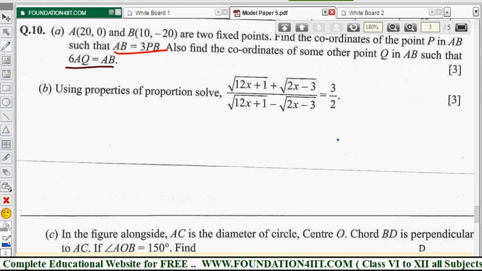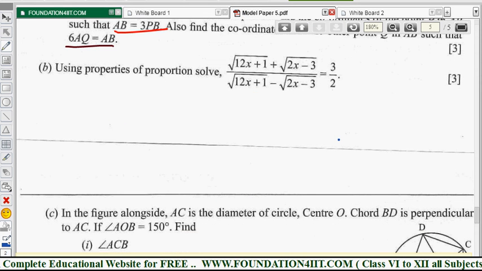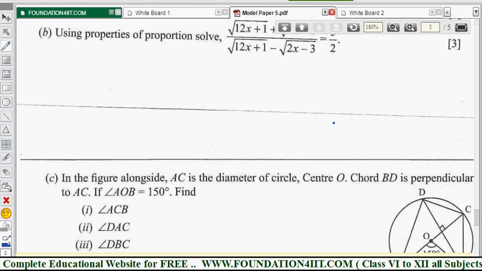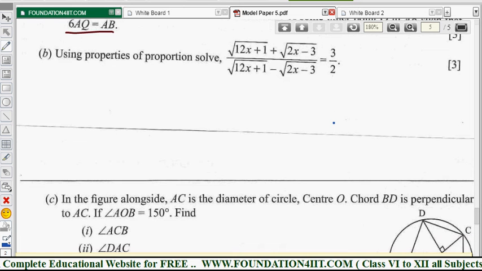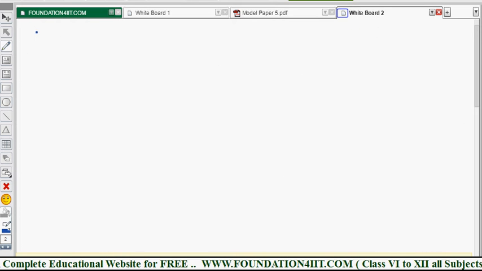Now let us see the next one. Using the properties of proportion, we need to solve this. You should take the LHS and find out the RHS, so you need to apply the componendo and dividendo rule for cancellations. Let me solve this.